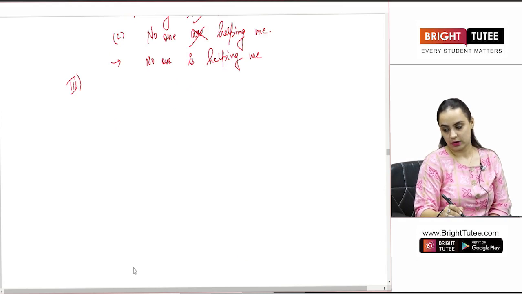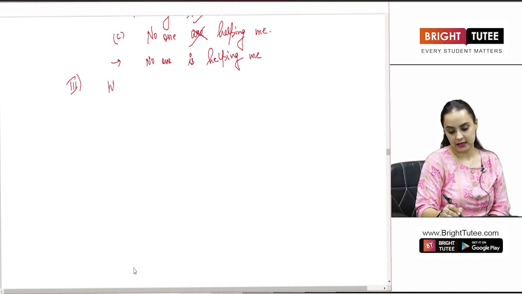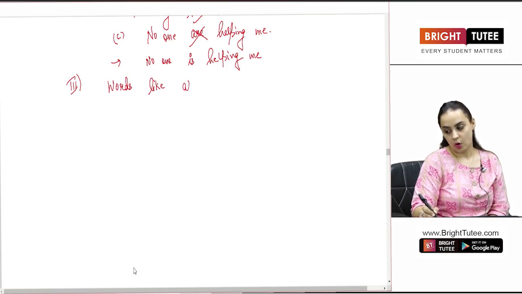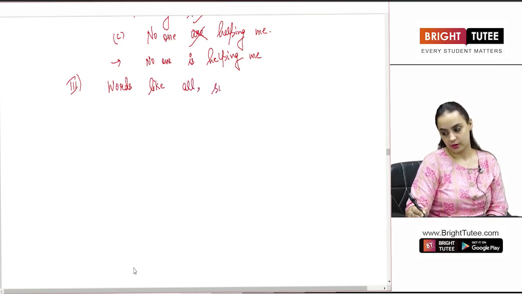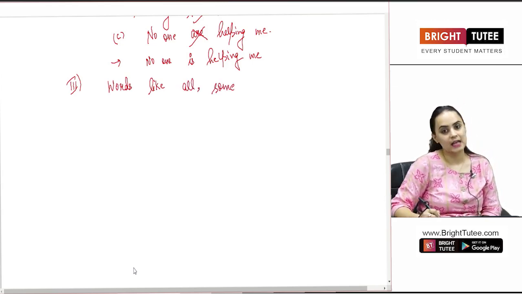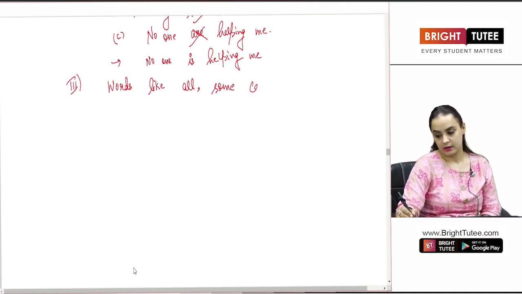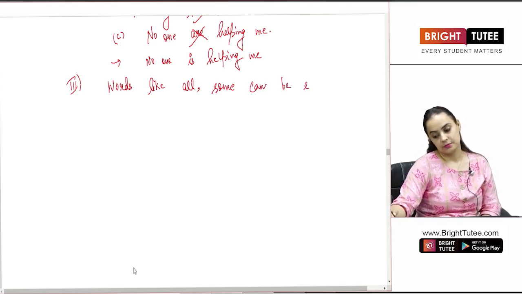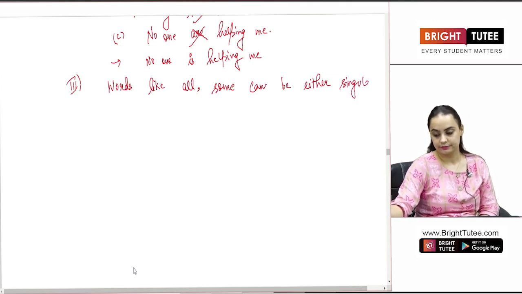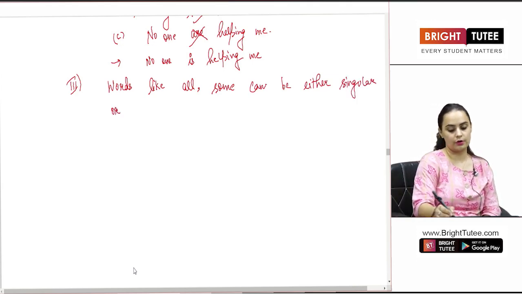Next rule that we have for subject-verb agreement is words like all and some can be either singular or plural.